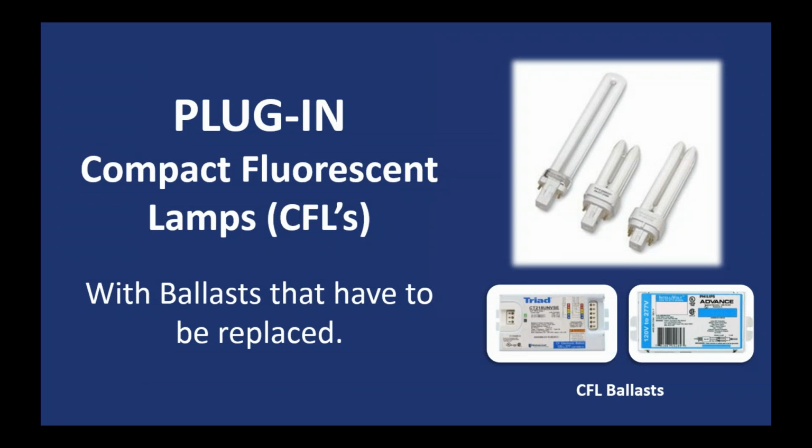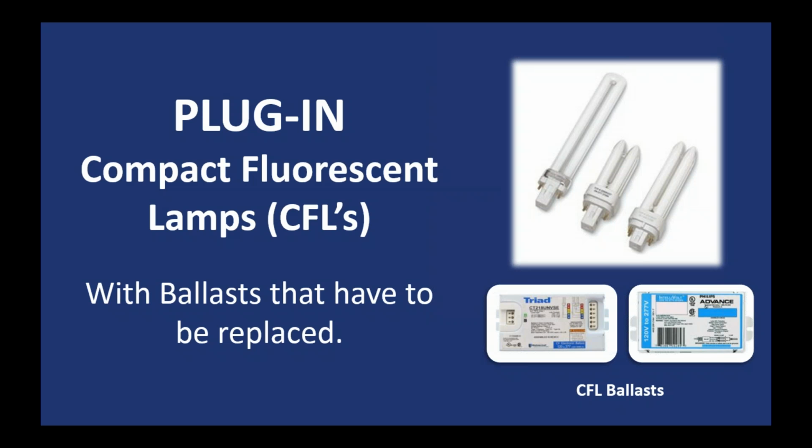With these, you have to have a ballast just like you do with the standard fluorescent, to do exactly the same thing. These work on the same mercury gas principles, everything else that goes with it. Now, the spiral bulbs work that way as well, but the ballast is contained within that little squiggly spiral bulb. Okay, that's all together. These are separate.